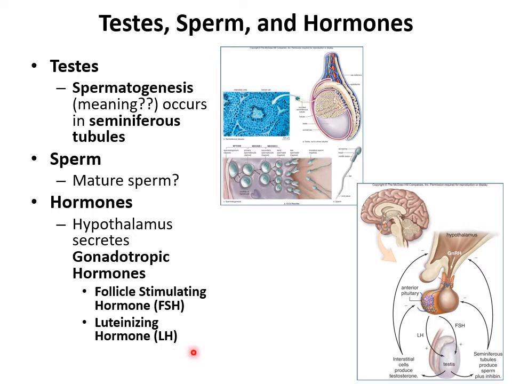So FSH promotes spermatogenesis, okay? Whereas luteinizing hormone, or LH, controls testosterone production in the testes. Okay?